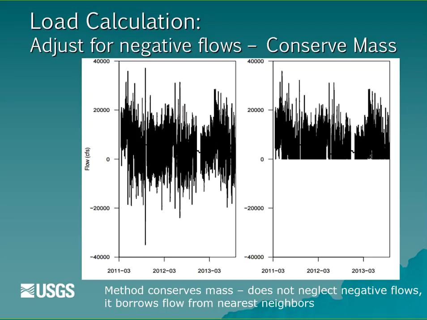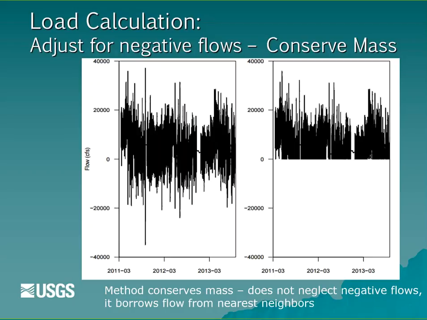This approach conserves mass. They both have the same amount of flow going down the river. And we also tested whether it conserved other things. We just needed a tracer, so we used specific conductance. We went through that and it came up with the same amount of specific conductance moving down, if you were to consider that as a parameter you can compute a load for.